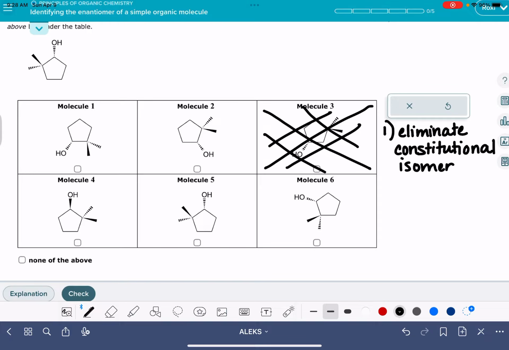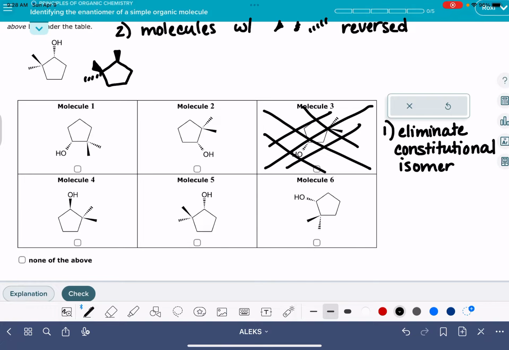The second thing that I like to look for when I'm looking at these is molecules with the wedge and dash notation reversed. So I'm going to look for molecules that have the same connective pattern, meaning that my methyl groups are going to be over here on the side.